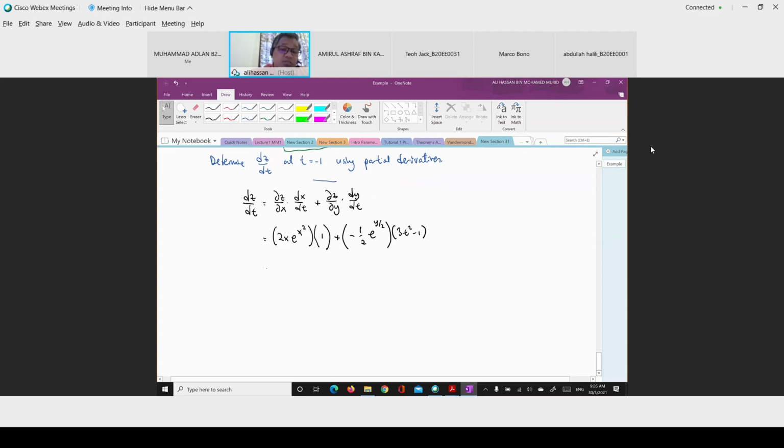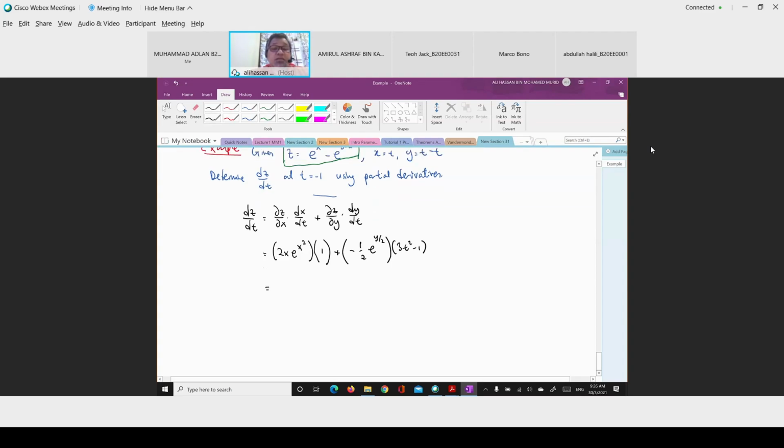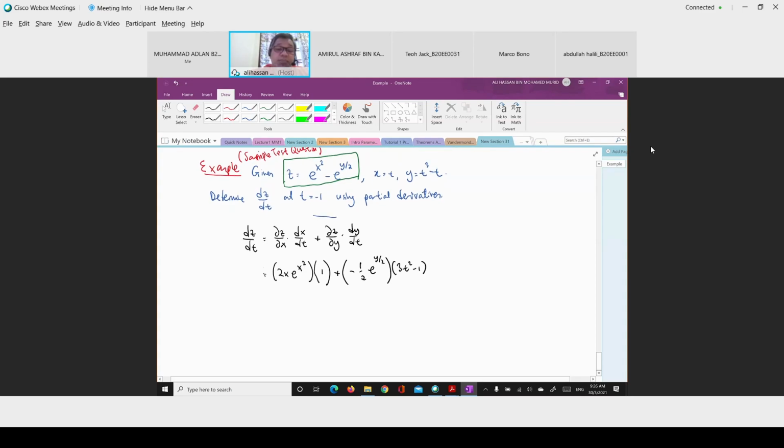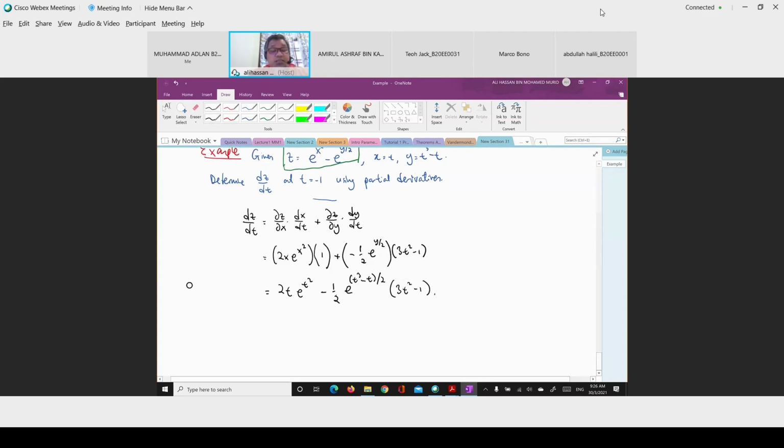And you can now replace x and y in terms of t. So we get 2t e to the power of t squared minus a half e to the power of (t cubed minus t) over 2 times (3t squared minus 1). So that is dz/dt.